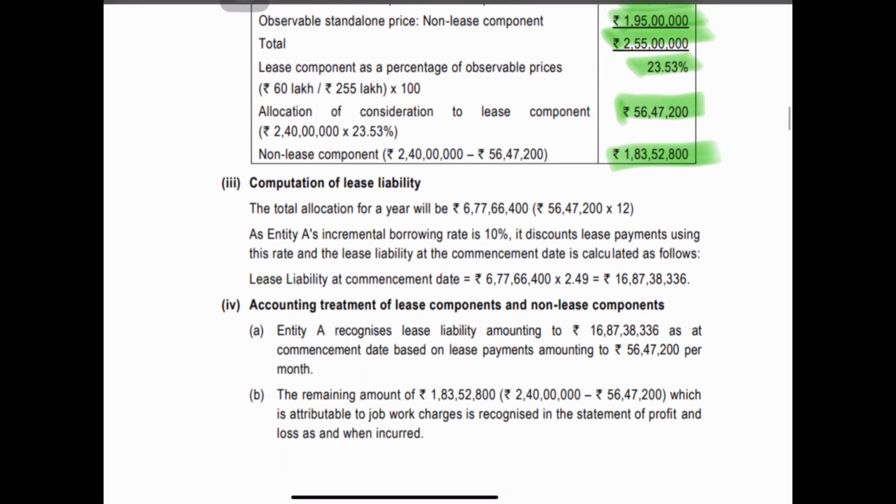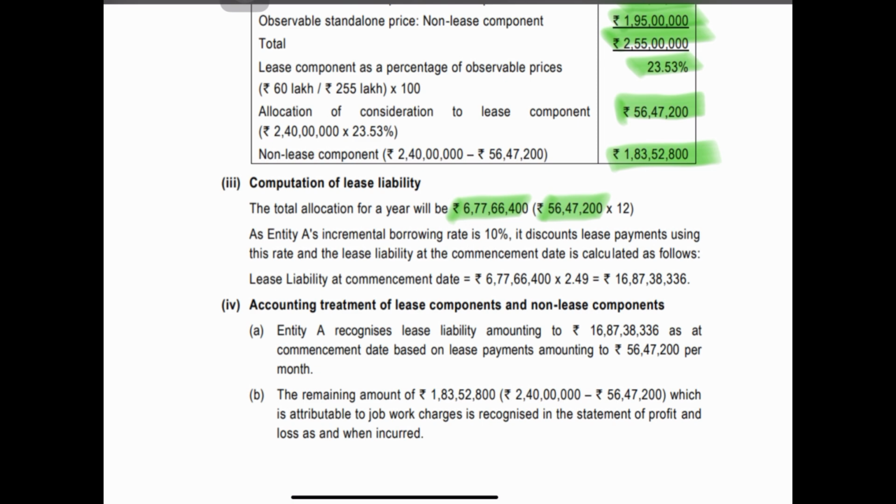Okay, so that's how we can allocate. And once allocated, the total allocation for a year will be 6 crore 77 lakh 67,400. So that is your lease value of 56 lakh 47,200 per month into 12 months.